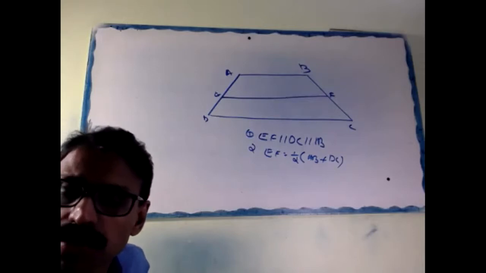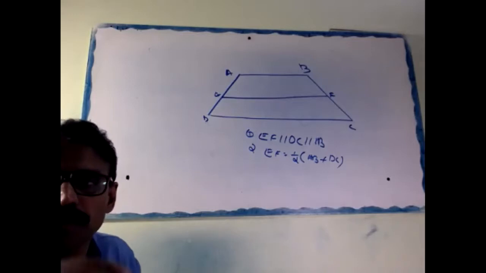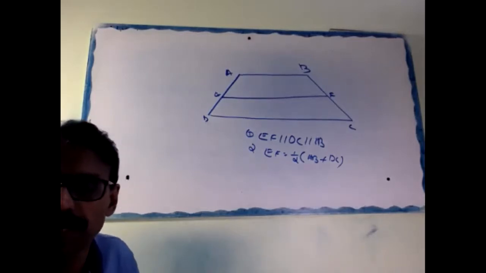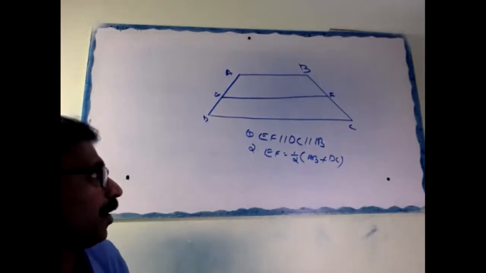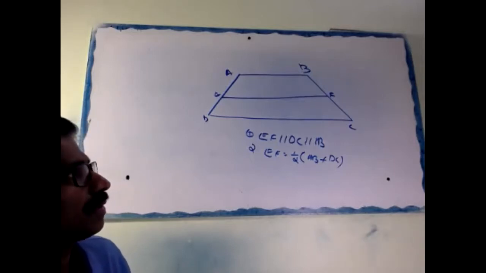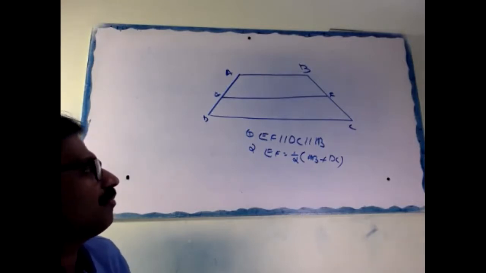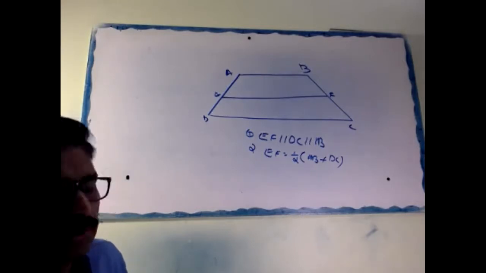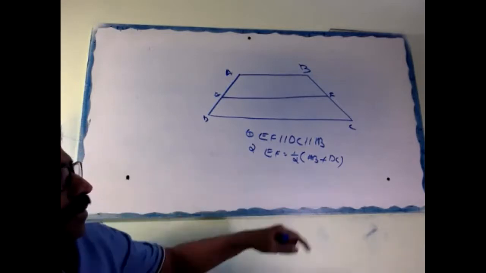ABCD is a trapezium in which E is the midpoint of AD, F is the midpoint of BC. Prove that EF is parallel to DC parallel to AB, and EF equal to half of AB plus DC.